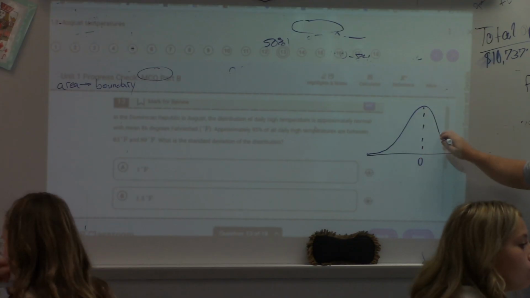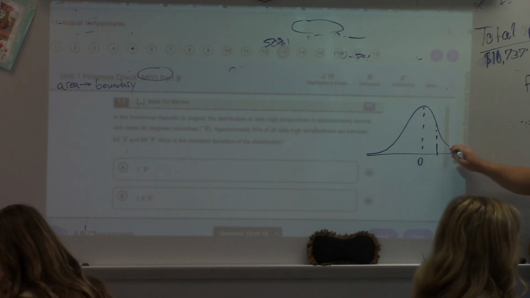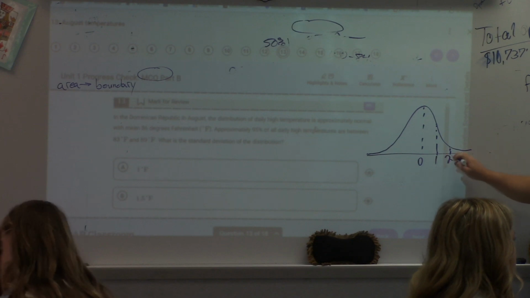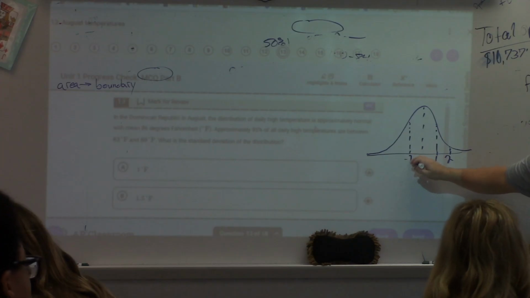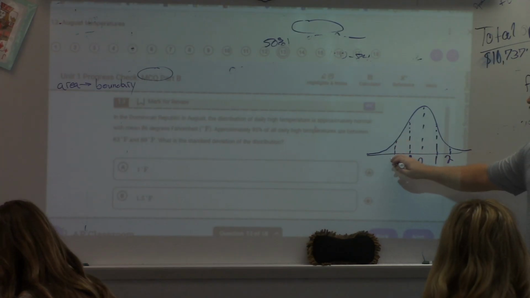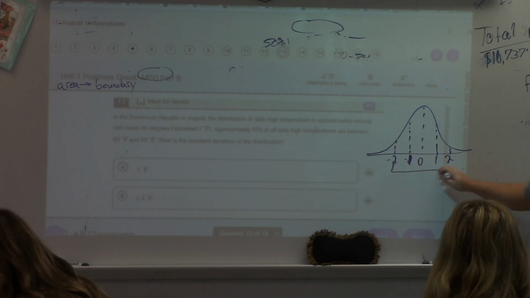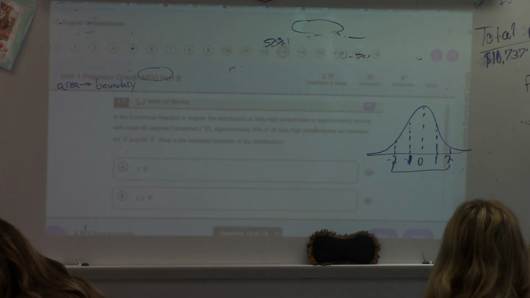If it's saying 95%, I'm looking at how many standard deviations? 2. 95% is just 2 standard deviations, so minus 1, minus 2. So 95% of all daily high temperatures are between 83 and 89.